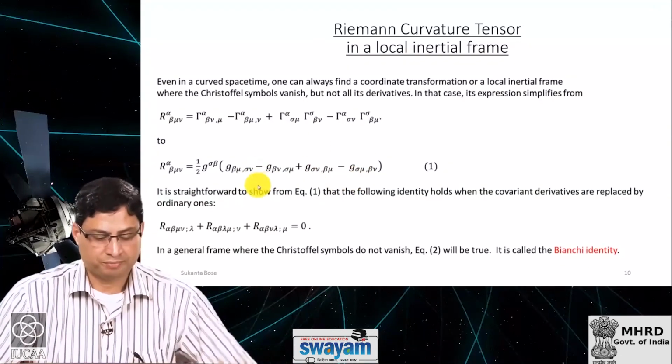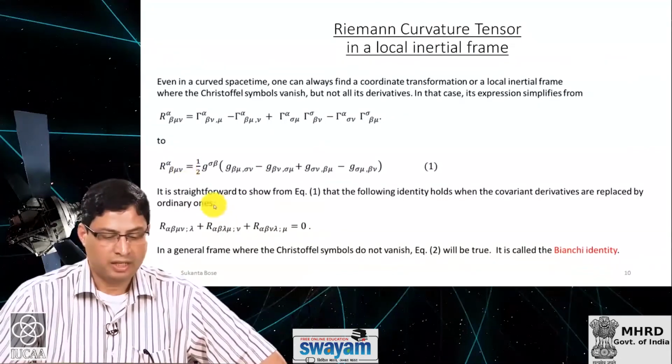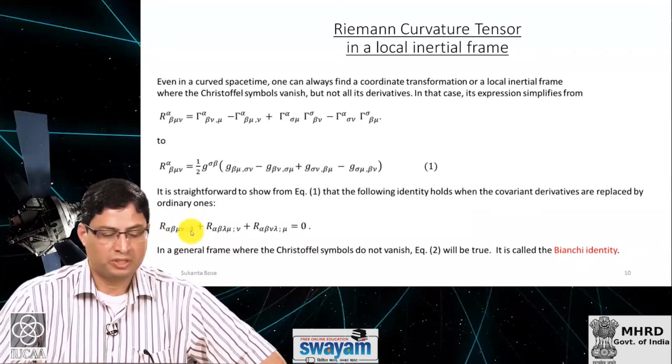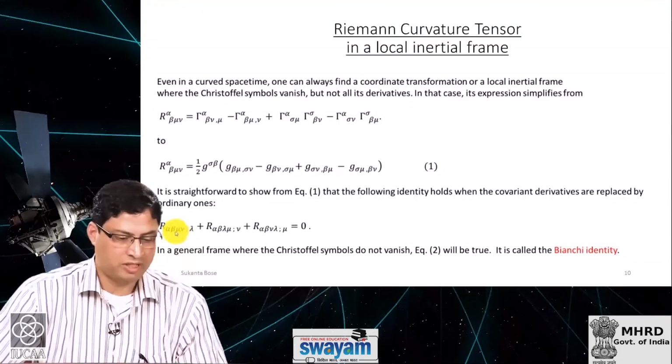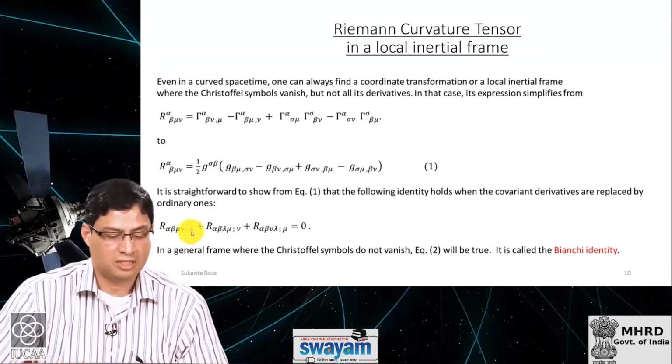Using all of this, you can show that the R alpha beta mu nu's obey another identity, known as the Bianchi identity, where its covariant derivative with respect to x lambda, when summed with a cyclic permutation of the last 3 indices, is equal to 0. The way I've defined this is I've focused on the last 3 indices mu, nu and lambda, where the final one, the 5th one in this combination, is a space-time derivative.